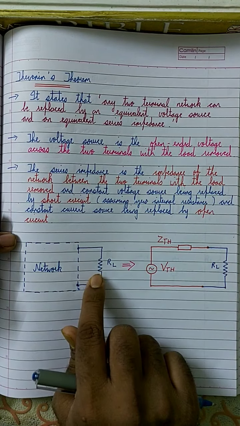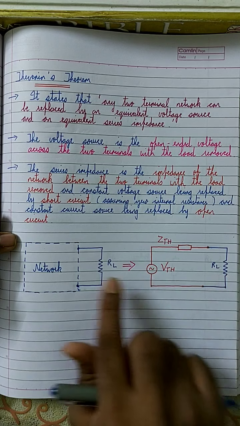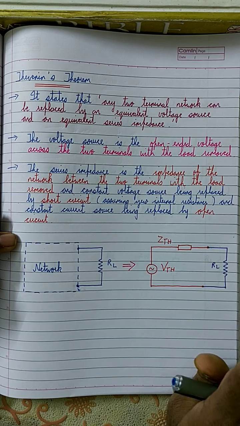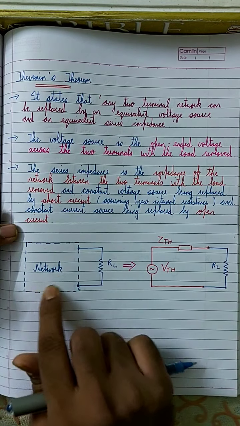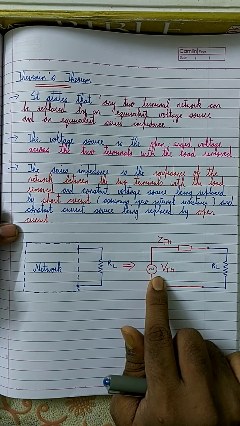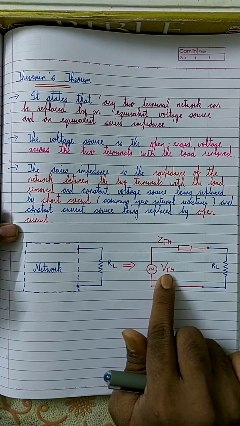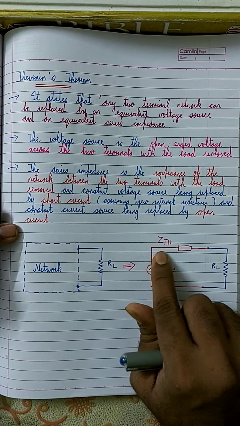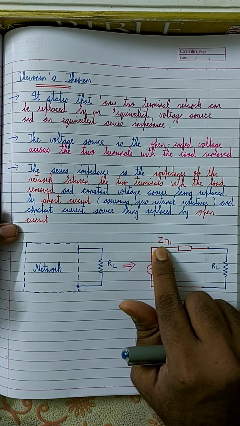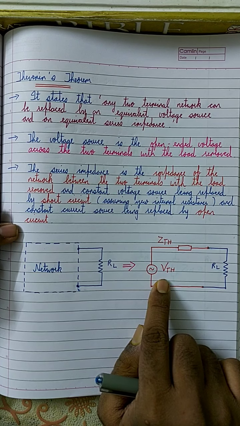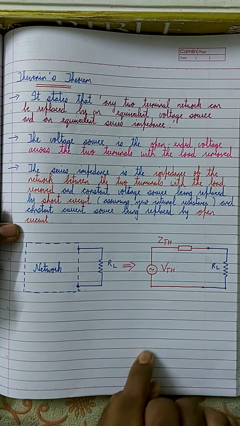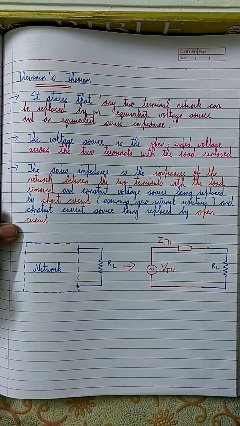You see the same load resistor RL is over here, but the only difference is that this entire complicated network is now replaced by a single voltage, which we name VTH, and a series impedance that we name ZTH. VTH is called the Thevenin's voltage.